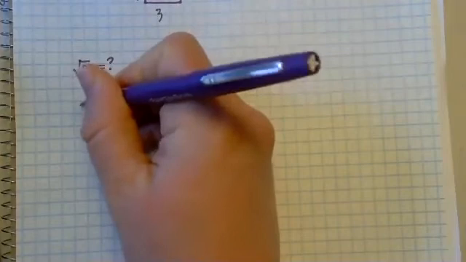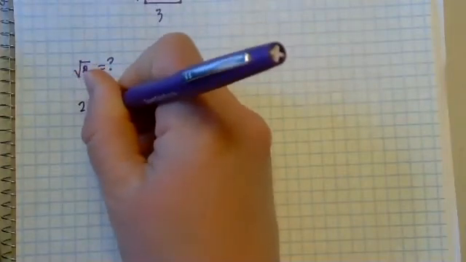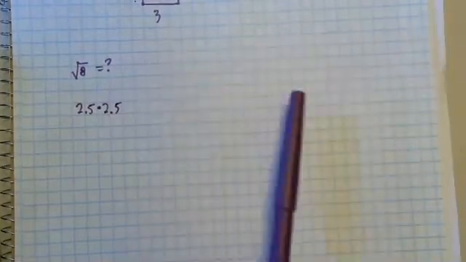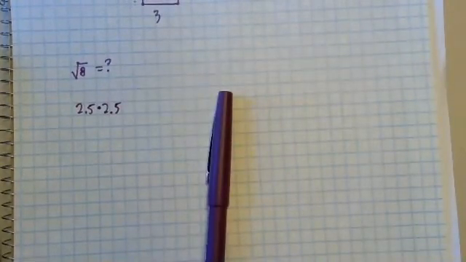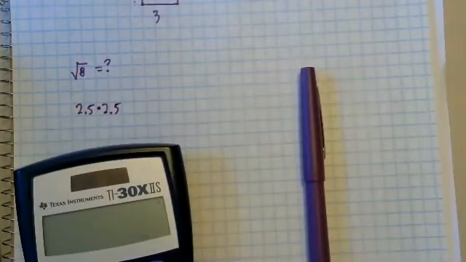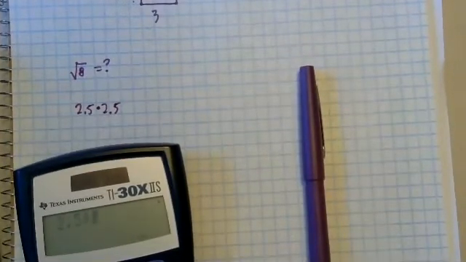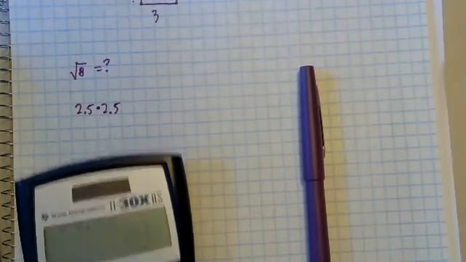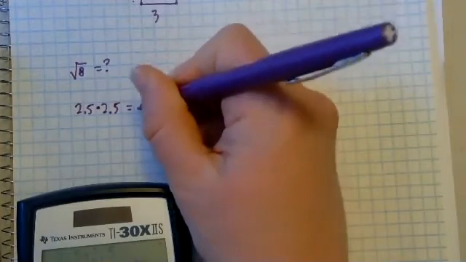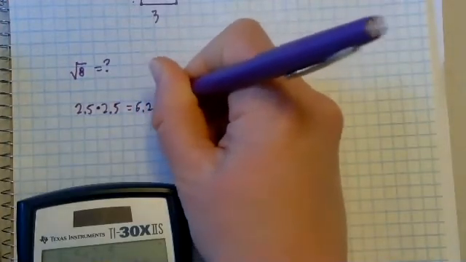I'll start by doing 2.5 times 2.5 and see what that gets me. I'm going to use a calculator. You could do this longhand, but I don't think that's a particularly interesting task for you to watch me do in this video. I get that 2.5 times 2.5 is 6.25.